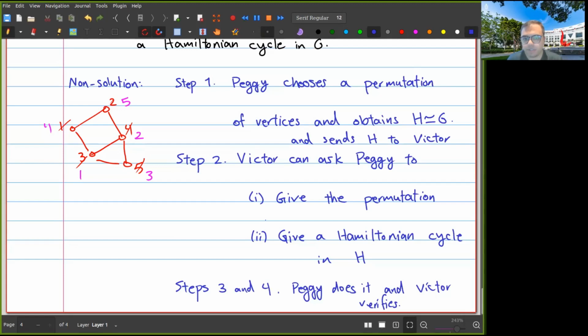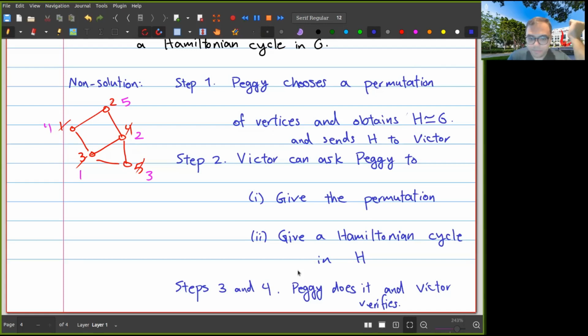There are basically two cheats that Peggy can do. She can maybe create a graph H that is not isomorphic to G. Maybe she just creates a new graph that looks completely different, and then she gives that to Victor. But then there is a 50% chance that Victor asks for the permutation. And if that happens, then Peggy would be caught, right?